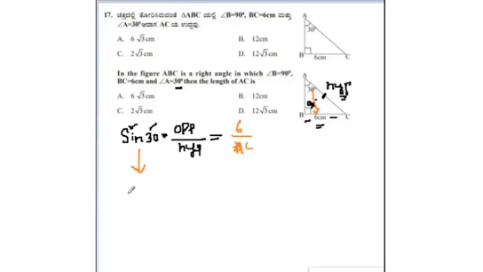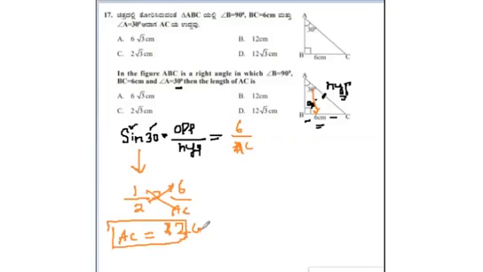We all know that sine 30 value is 1 by 2, which is nothing but 6 by AC. Whenever fractions are equated, you have to do cross multiplication. AC times 1 is AC, 2 times 6 is 12. So the value of AC, or hypotenuse, is 12 centimeters. Correct option here is B.